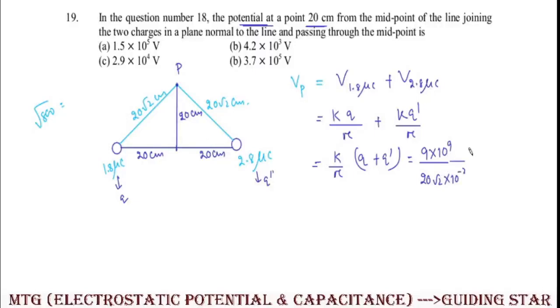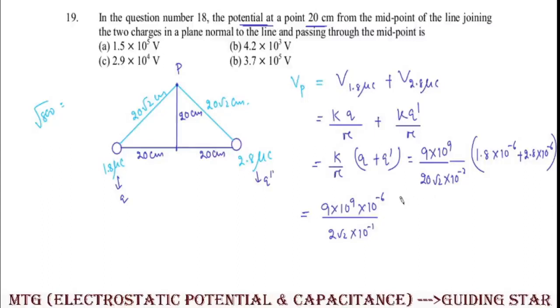And in this particular case, what is the value of Q? Q is 1.8 into 10 to the power minus 6 plus 2.8 into 10 to the power minus 6. So finally we can take 10 to the power minus 6 outside, so 9 into 10 to the power 9 into 10 to the power minus 6, all divided by 2√2 into 10 to the power minus 1.